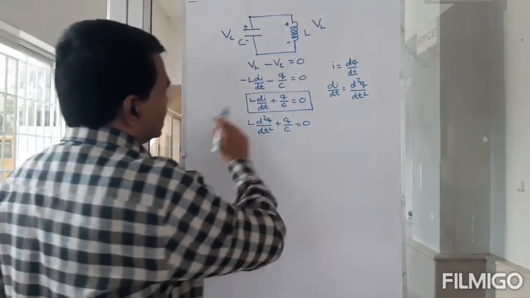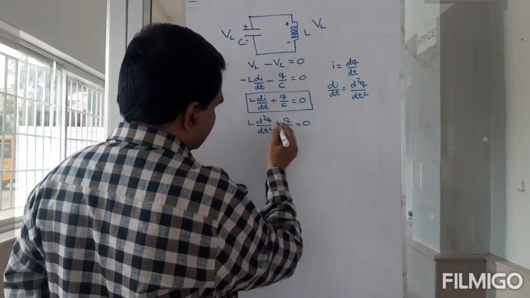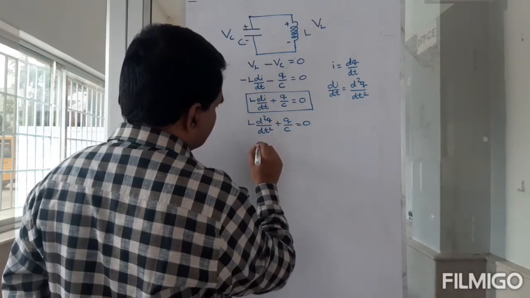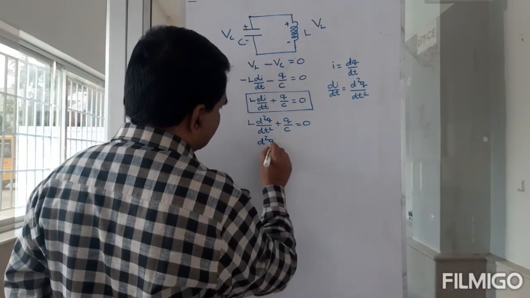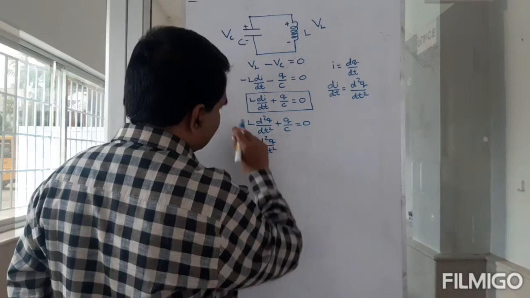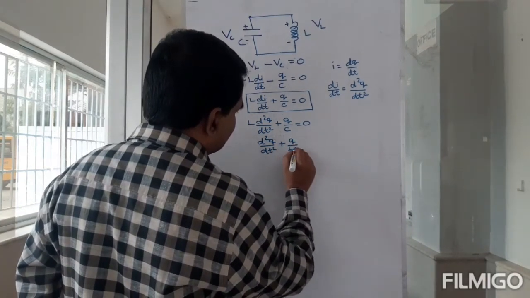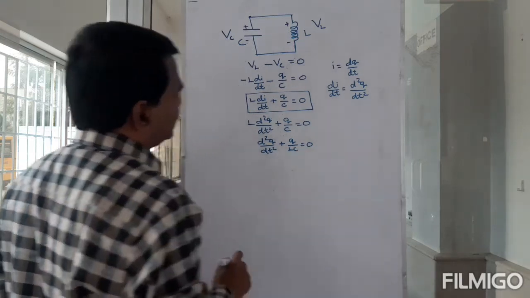Okay, so I'll do some more manipulation to this. If I divide all of it by L, that will give me d squared q by dt squared plus q by LC is equal to 0.